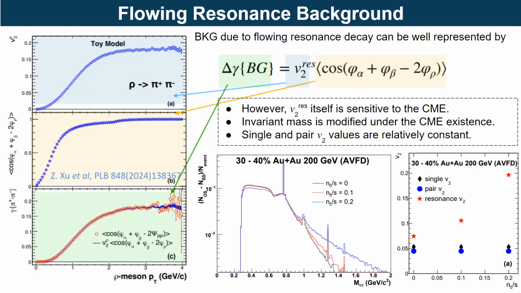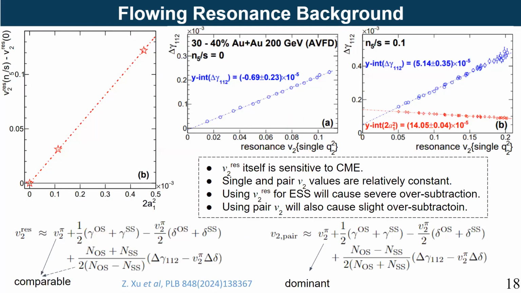If you have CME, the invariant mass distribution will be modified. And also, if you look at resonance V2, it increases with the input of the CME signal. So that means resonance V2 actually is a CME observable. It's not just a background indicator.